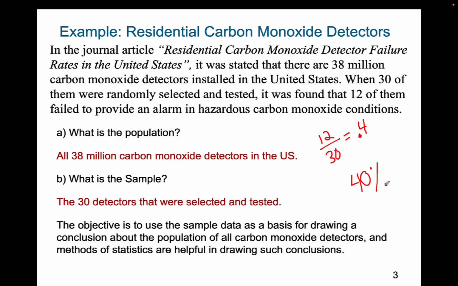So the objective here is to say, well, we don't have the resources or the time to get to all 38 million and figure out if that 40% holds. So we are going to say that we think from the sample that the true percentage of the whole population that will fail will be 40%.